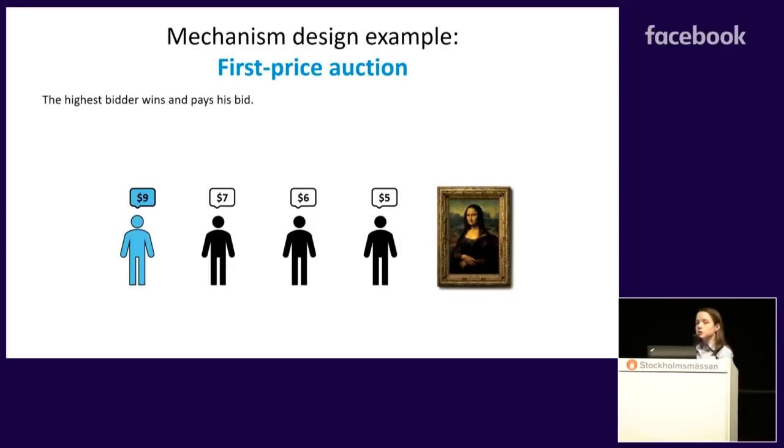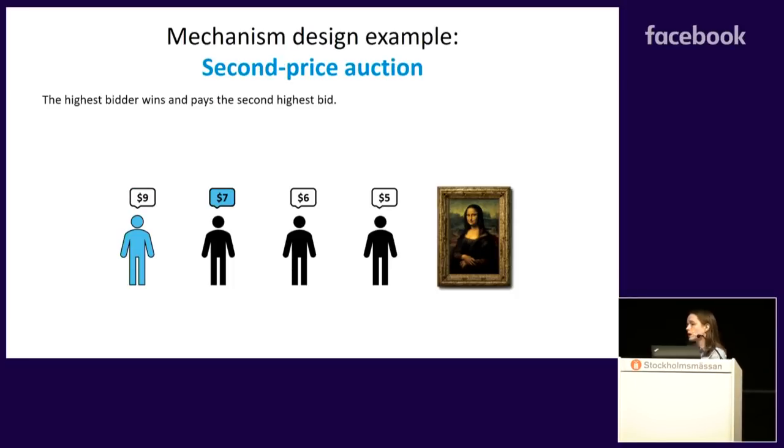Another classic auction is the first price auction. In this auction, the bidders submit bids for some single item. And so maybe the buyers' bids are $9, $7, $6, and $5. And in this auction, the highest bidder is going to win, and they're going to pay their own bid. So it's a first price auction.